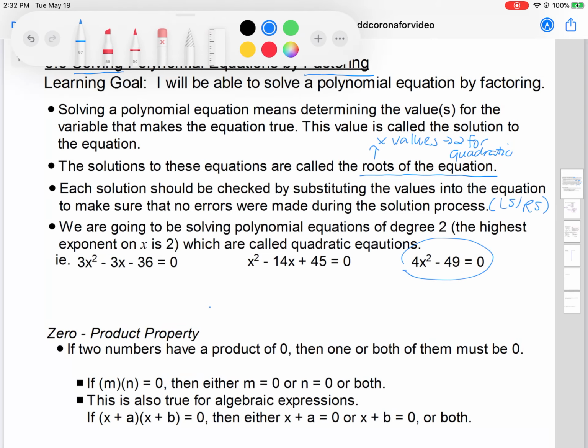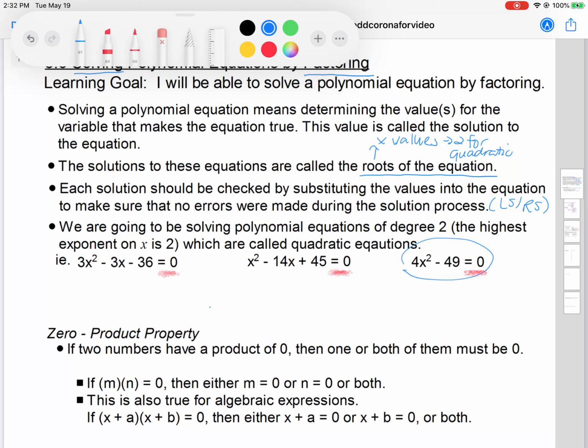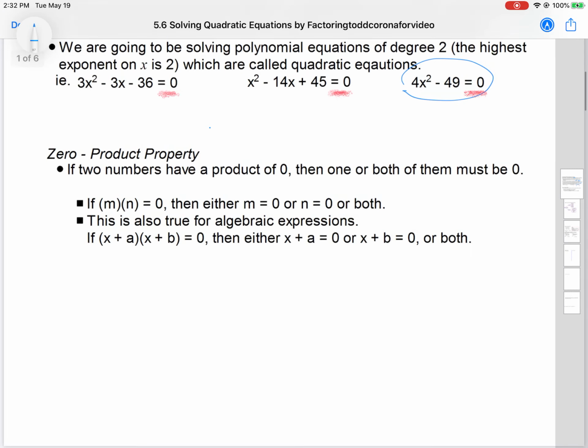This one down here is a difference of squares, but you'll notice that instead of saying equals y, they all say equals 0. That's your clue. The question will definitely say solve, but another clue is that we're looking for the solutions for x that make the equation equal to 0.